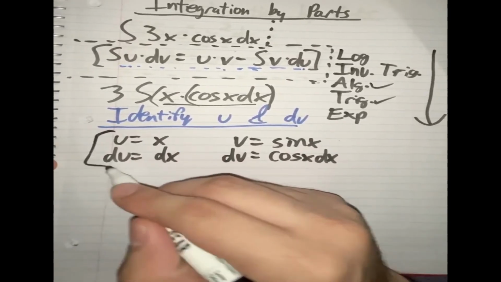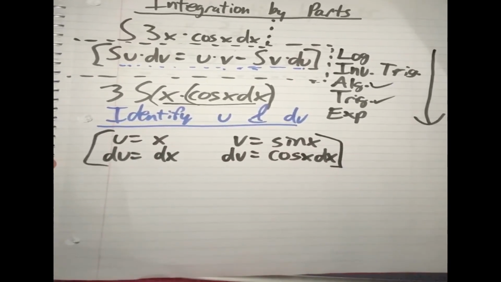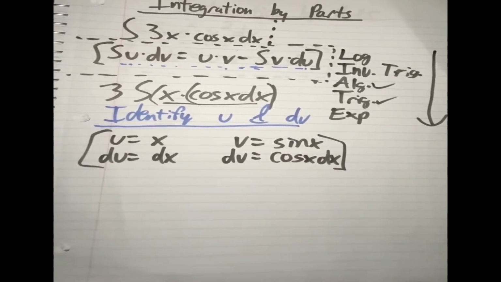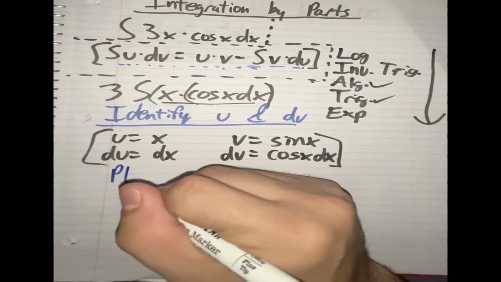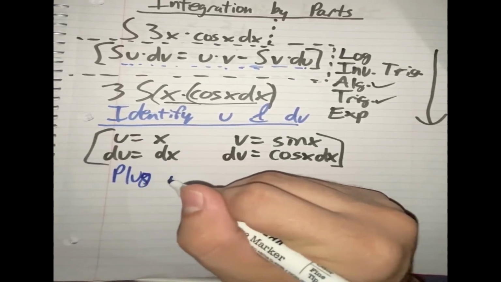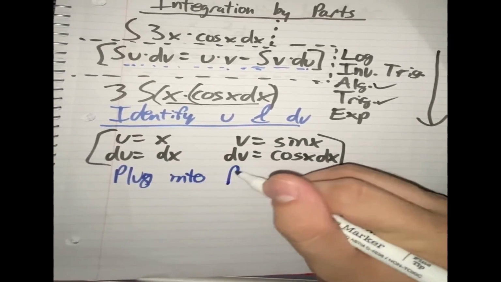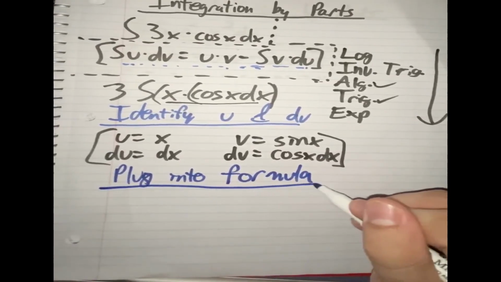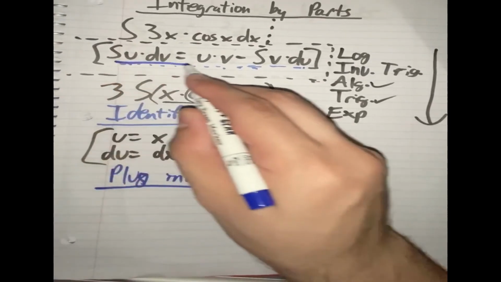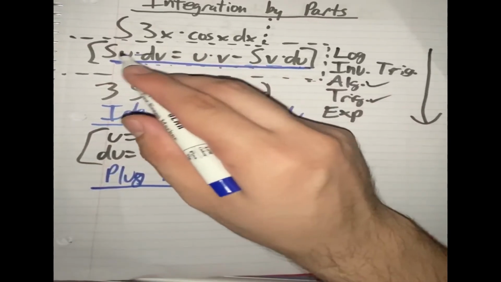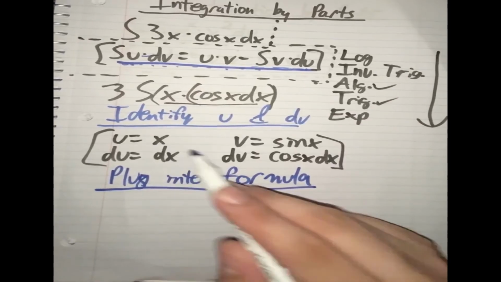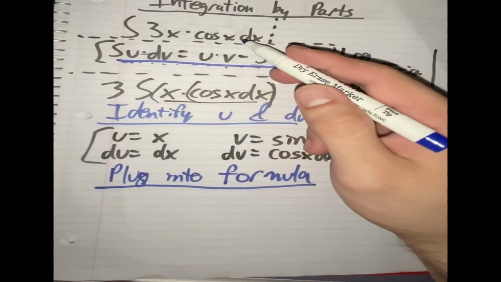Now that we have our variables, the next step is to plug them into the formula. Our formula is up here, and our u and our dv on the left-hand side, which we identified to be x times cosine of x, was our original function.